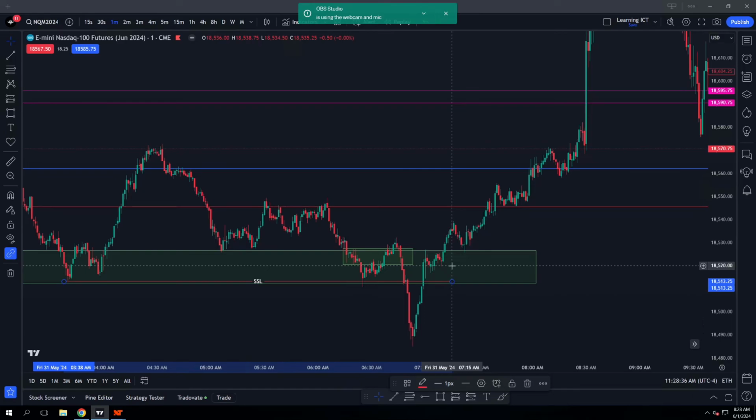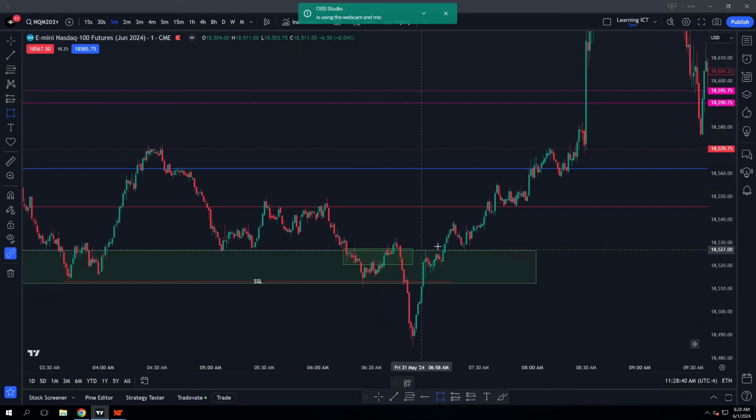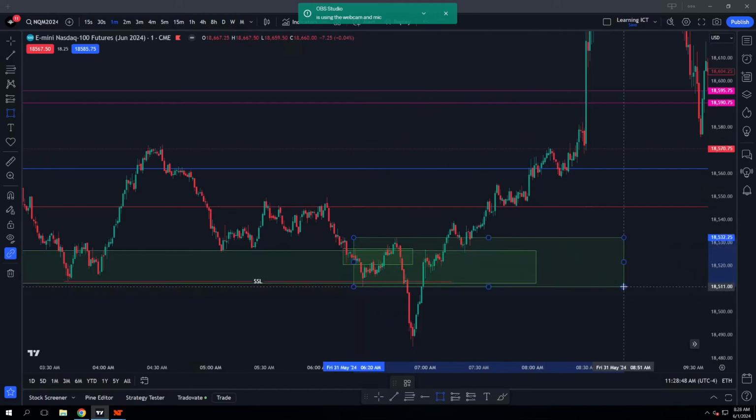So this became this right here after the market structure shift. I was waiting for the fair value gap to be filled up, but this became a breaker right here. Right, so my first one, I don't normally put it here.